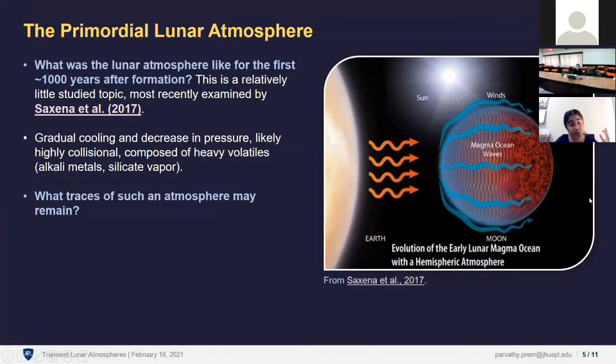At that time, the moon was also closer to the Earth. And the Earth itself was also warm and radiating. And so the idea here is that you have this outgassed atmosphere that's heated by the early Earth, which is much closer at that point in time.